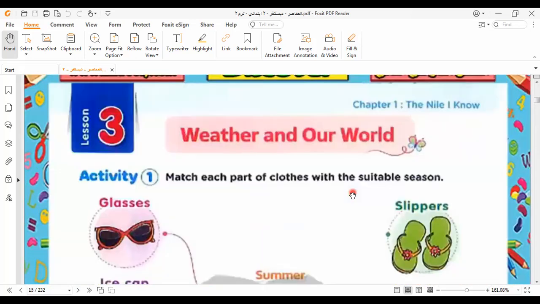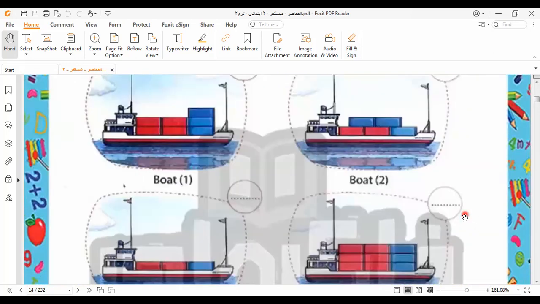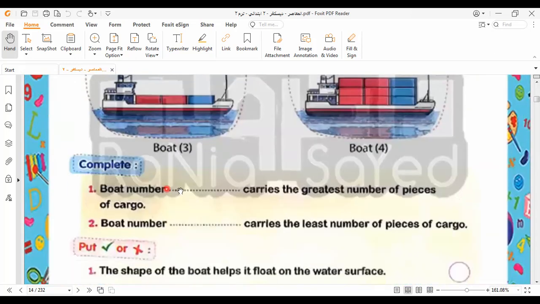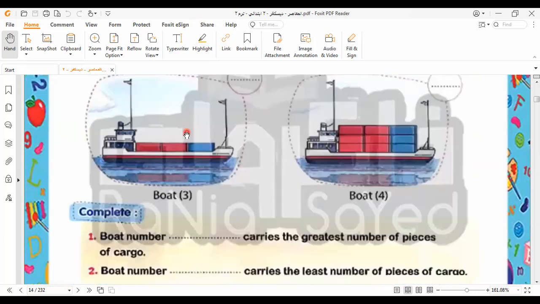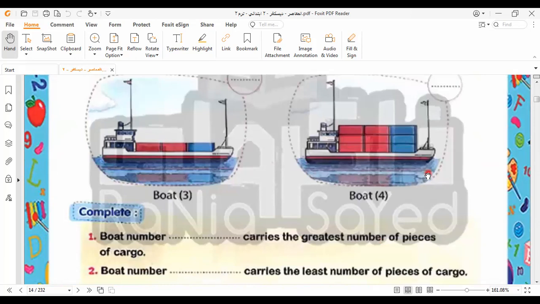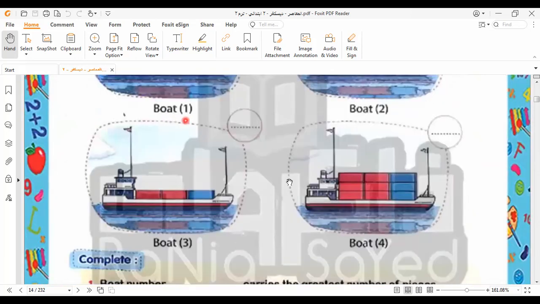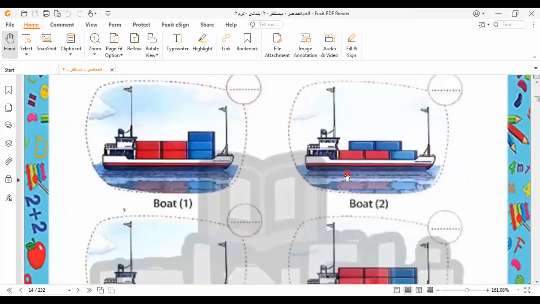Another one. In this board, we have numbers. We have board numbers. Which board number carries the greatest number of pieces? We will count the pieces here and tell which is the greatest one in this exercise.